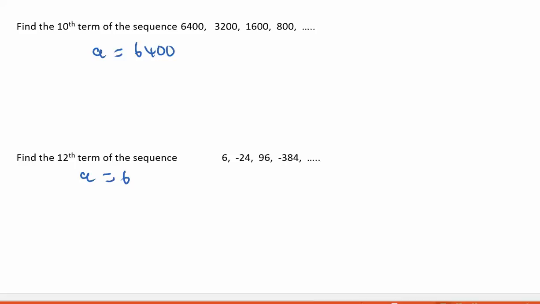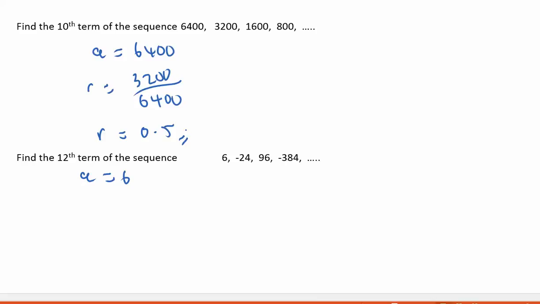Working through the next couple, we'll do those algebraically. First term, 6400, and you should be able to see the second term divided by the first is 0.5. Now we'll stick to using decimals in this subject and not make use of fractions.